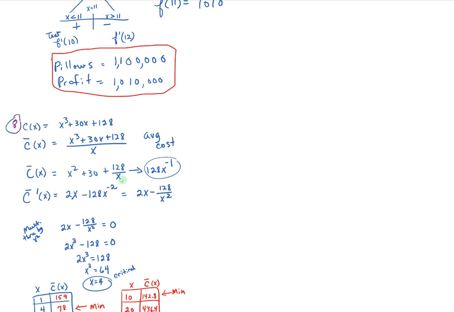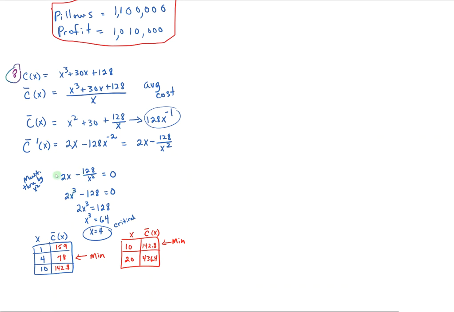Since I need to take the derivative, I'm going to write that piece as 128x to the negative 1. That's just going to make it easier. So the derivative is 2x, the 30 is gone, and this becomes negative 128x to the negative 2. And then I can put it back in regular form. Instead of the x to the negative 2, I put the x squared on the bottom. So this is the derivative of my average cost function.